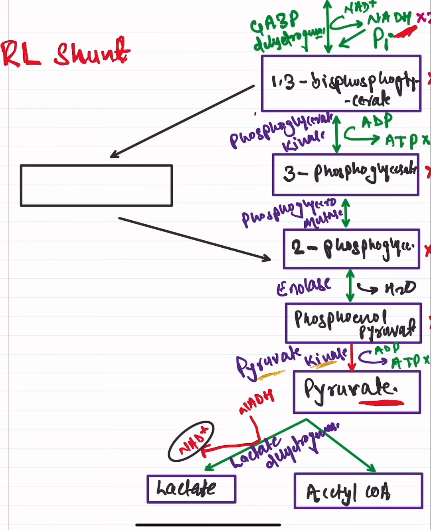But almost 10% of glucose will go through this RL shunt, and there will be production of 2,3-bisphosphoglycerate. Remember this name. This RL shunt will occur in RBC. This can also be called a cycle, right?